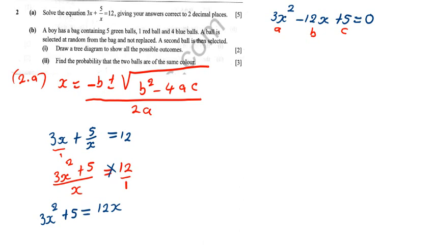So now you can substitute in our formula. So you say x is equal to negative, so wherever there is b, we are substituting negative 12.